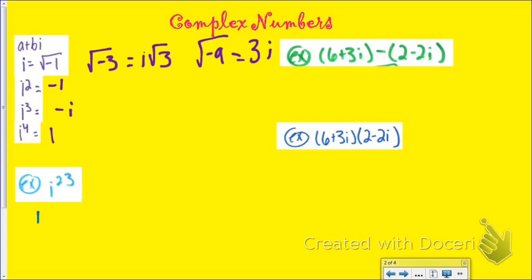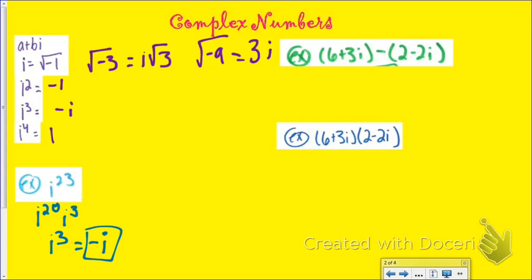In this case, that would be i to the 20th. And using exponent rules, I know i to the 23rd is equal to i to the 20th times i to the 3rd, because if I multiply those two together, I add the exponents. Now, since 20 is a multiple of 4, i to the 20th is the same thing as 1. So I just have i cubed. And we just talked about before that i cubed is the same thing as a negative i.